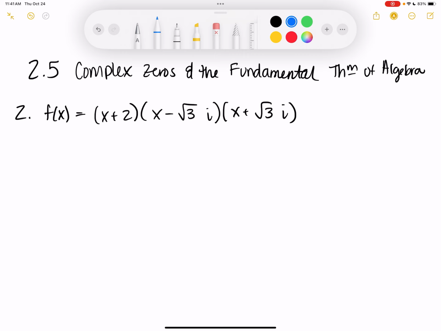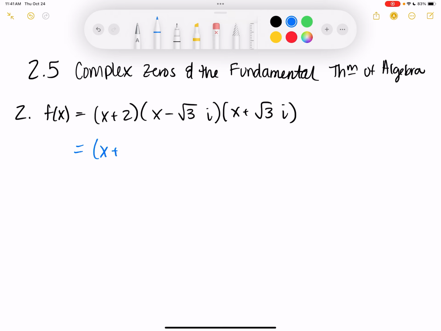So essentially, I'm FOILing here. I have a difference of squares here, so I would do those first. And then I'll go back and do the zeros and stuff in a second. But to start out, I need to get it in standard form.